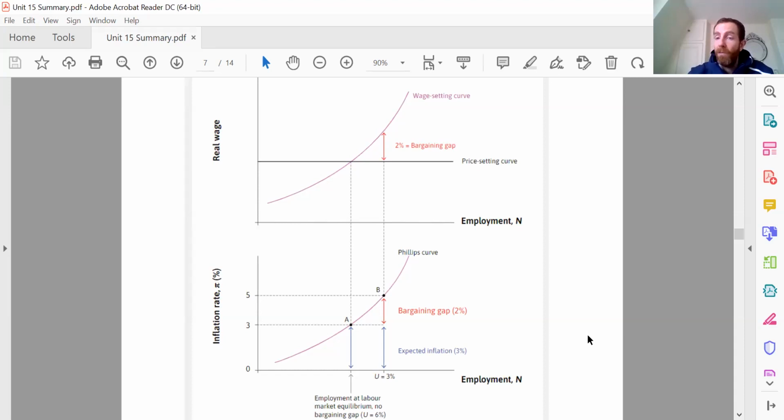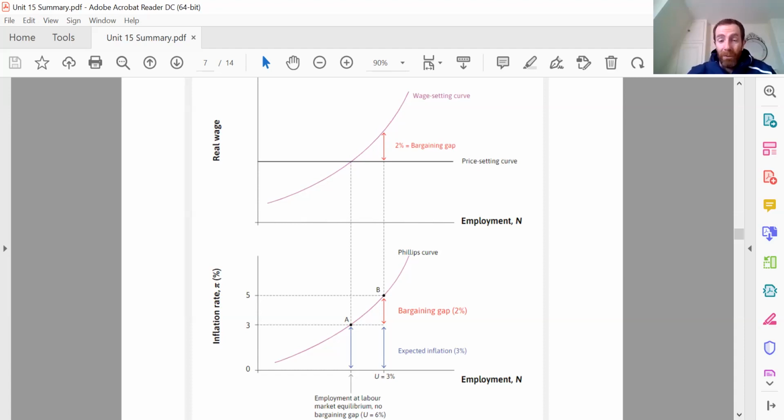So when they see costs go up by 5%, they just increase prices by 5%. That means prices have gone up by 5%. We now have inflation of 5%. So we can see using this model how we can get this higher level of inflation.